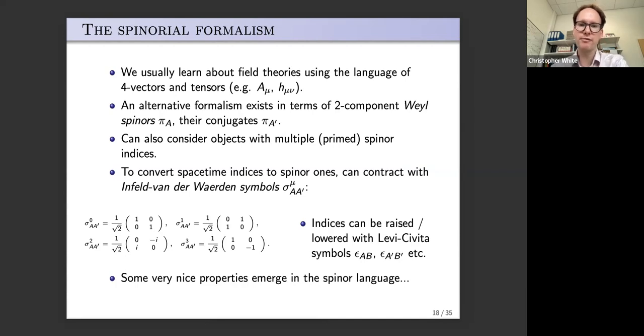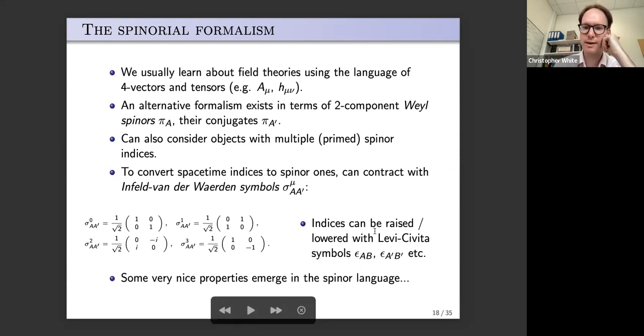Now, in principle, to convert from a space-time index to spinor ones, we can contract, for example, a 4-vector with these symbols here, which are called Infeld-van der Waerden symbols. And they basically take you from a space-time vector basis to a spinor basis. And these just happen to be what these matrices are in some basis. What's also true in spinor space is that we can raise and lower indices with Levi-Civita symbols. That plays the role, if you like, of the metric for raising and lowering indices normally.